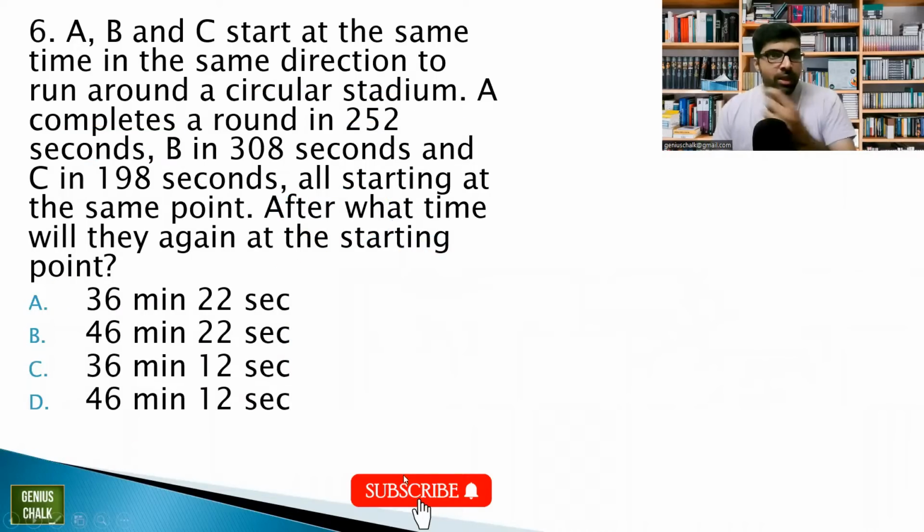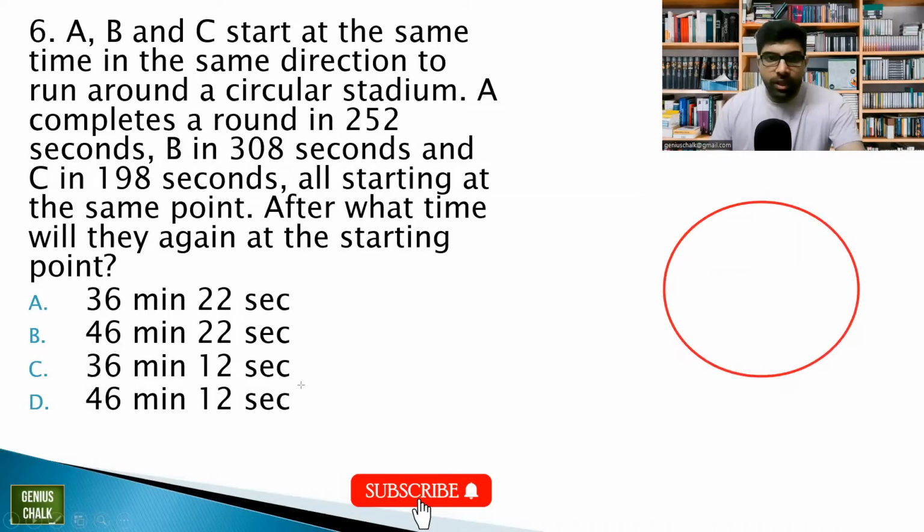Next is ABC start at the same time in the same direction. Now it's a circle, it's a circular stadium. So let's make it. It's a circular stadium, and there are three persons. They are starting from here, A, B, and C, right? Now A completes the round in some time, and that is 252.